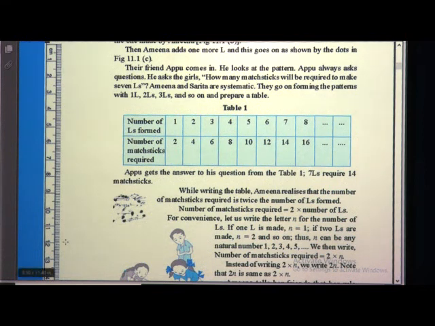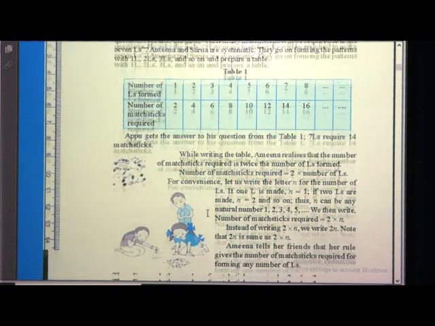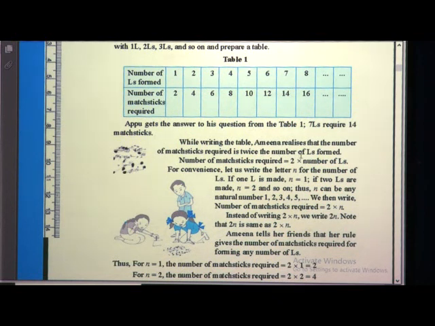How many matchsticks are required to prepare 7 L's? 14 matchsticks. While writing the table, Amina realizes that the number of matchsticks required is twice the number of L's formed. By seeing the table, she observed that the number of matchsticks required is double.